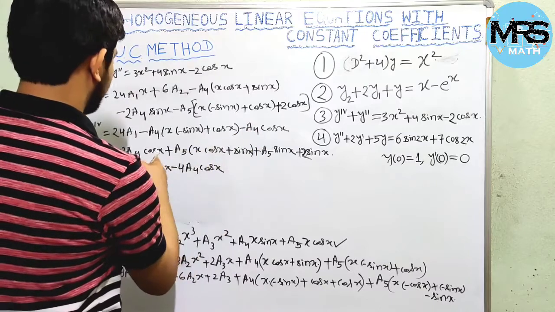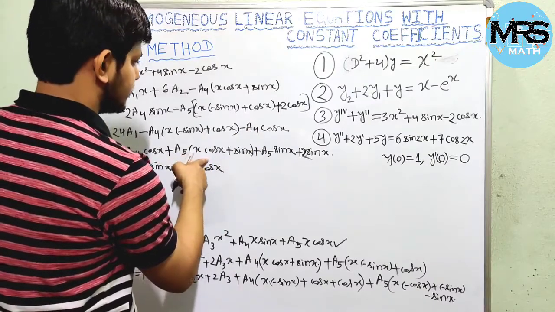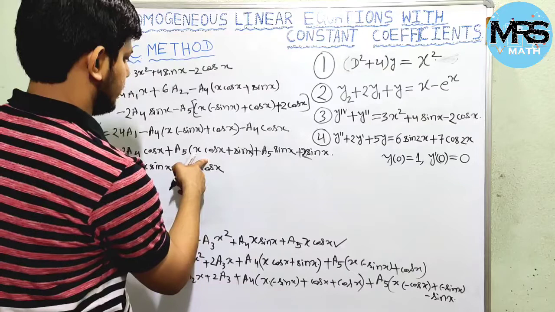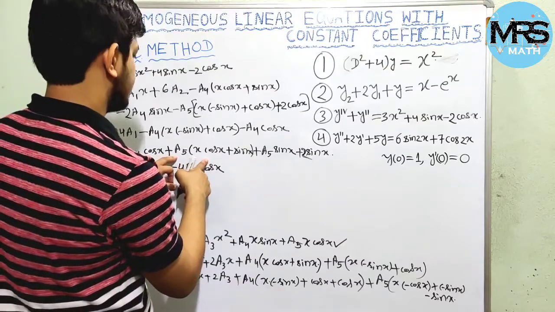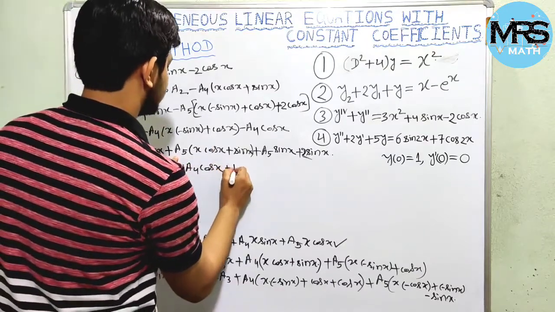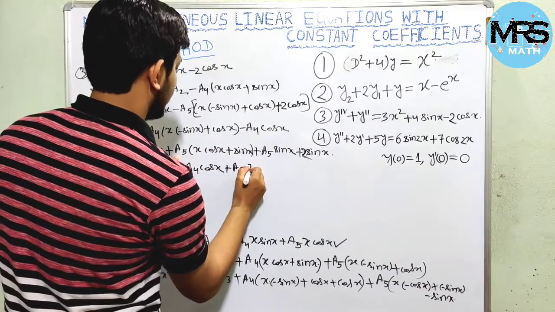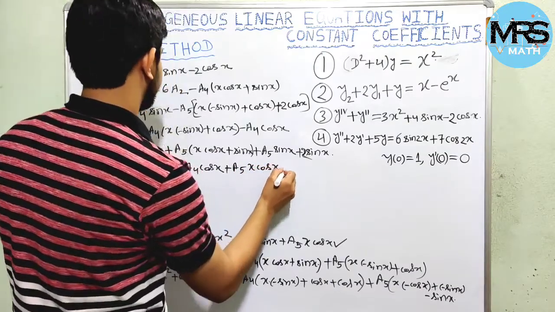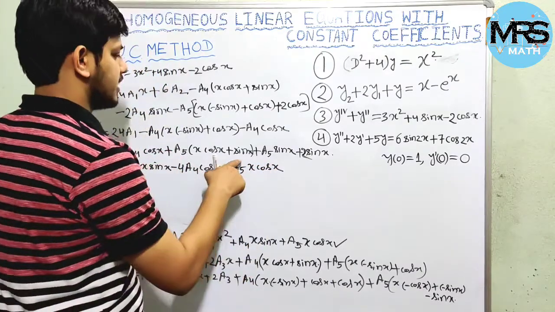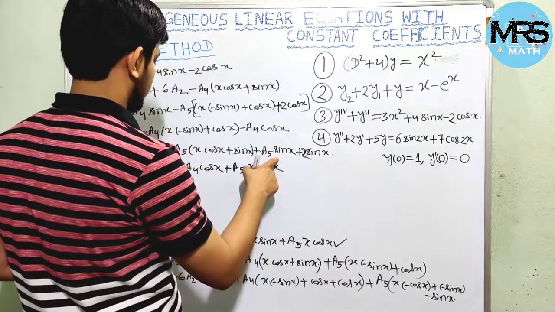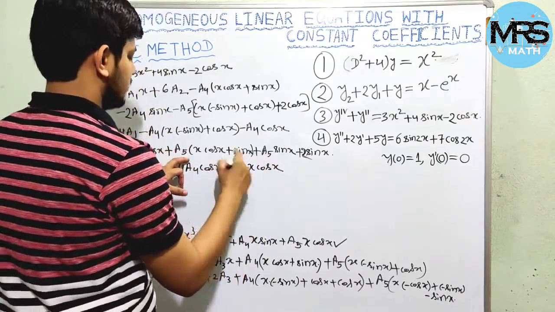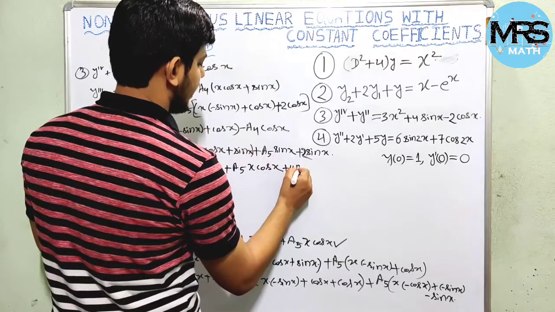Now we can proceed a5 x cos x, so we can write plus a5 x cos x, then sin x is 2, 3, 4, so plus 4 a5 sin x.